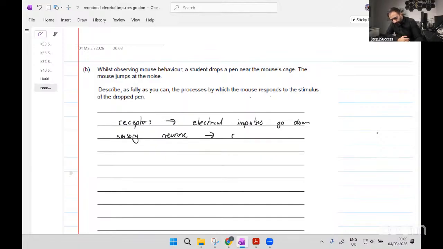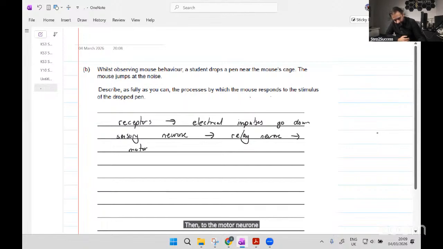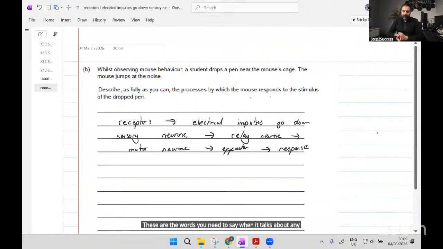Then to the relay neuron. Then to the motor neuron. These are the order in which these things happen. Then to the effector, which will carry out a response. These are the words you need to say when it talks about any sort of reflex response, when anything responds to danger in some way.